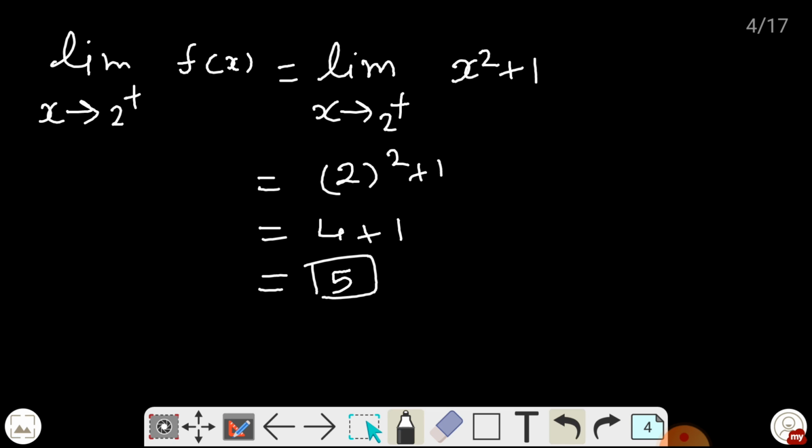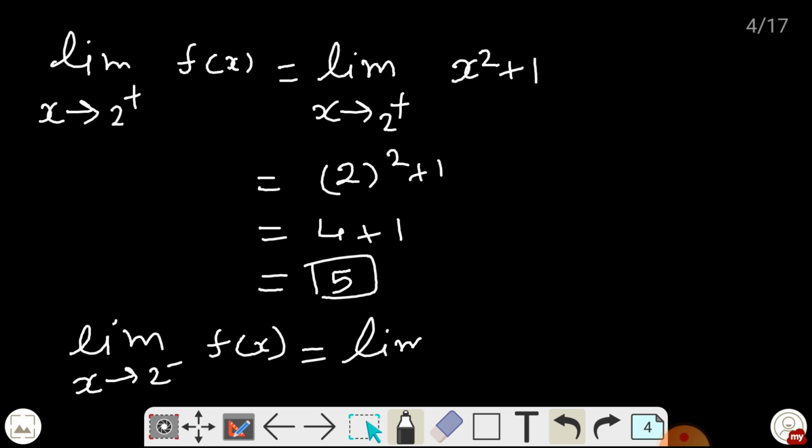So it is clear that our function is continuous at the point 2. Why? Because our left limit is equal to our right limit, which is equal to f of 2. So here we can write limit x tends to 2 minus f of x is equal to limit x tends to 2 plus f of x is equal to f of c.